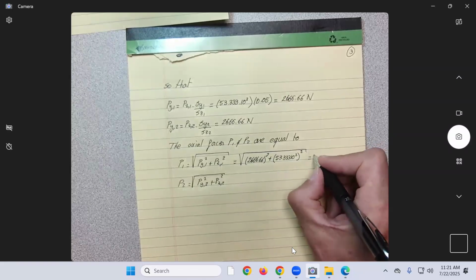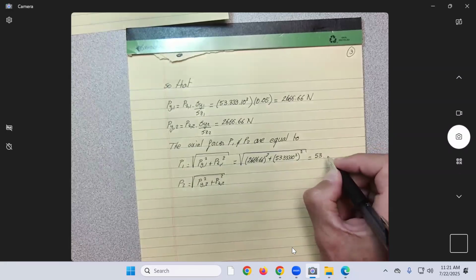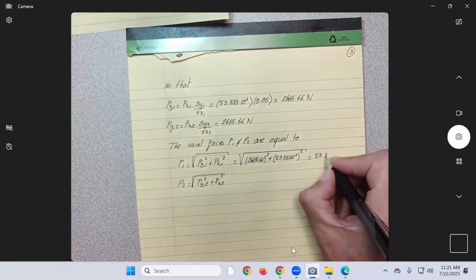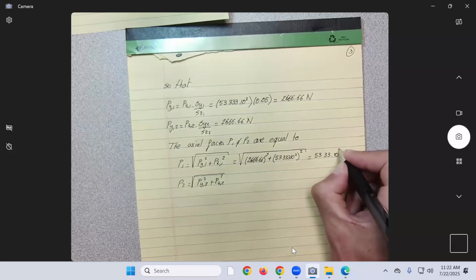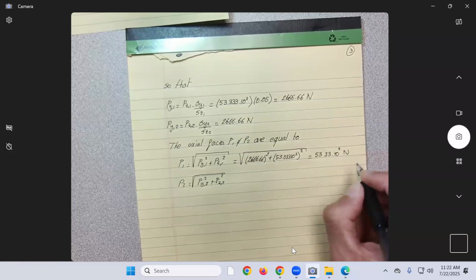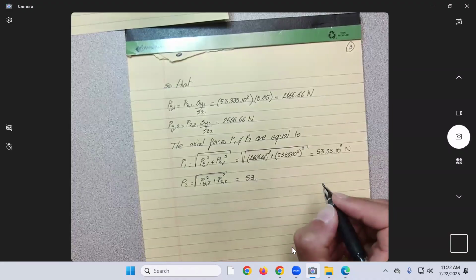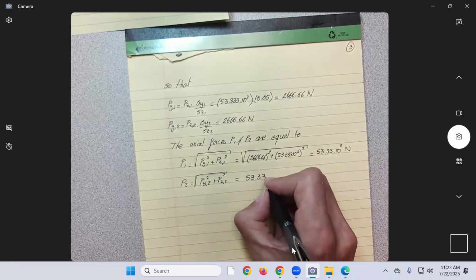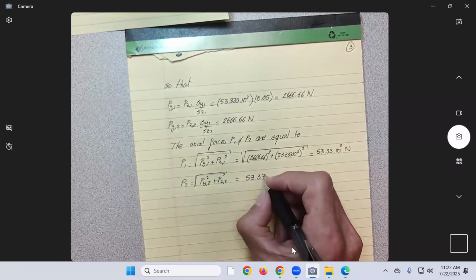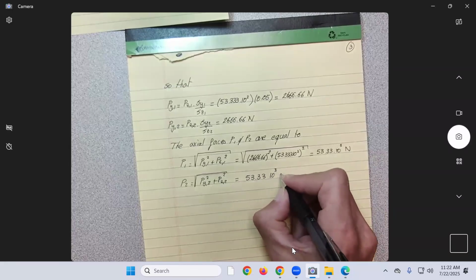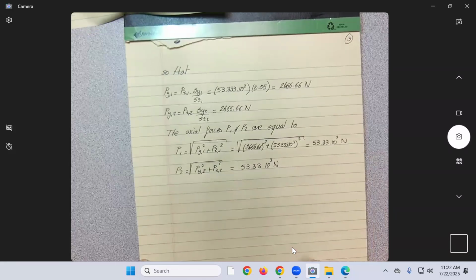And this will not make much difference since the Py is so small. This will give you 53.33 times 10 to the 3 Newton, and this will be 53.33 times 10 to the 3 Newton.